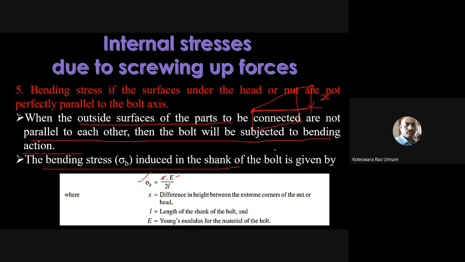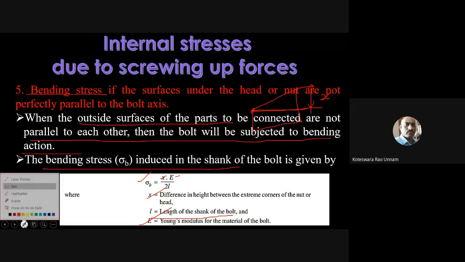It may be for the nut or for the bolt head. L is the length of the shank of the bolt and E is Young's modulus. So using this formula, sigma B equals x E by 2L, you can calculate the magnitude of these bending stresses.